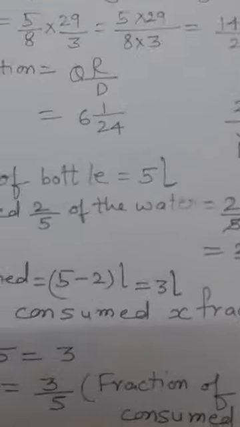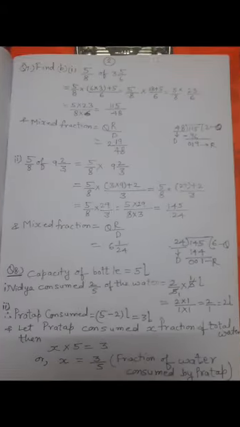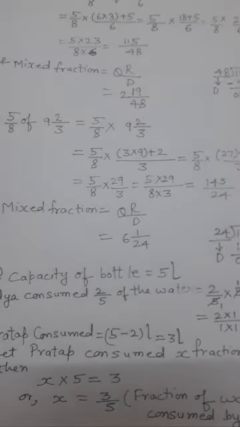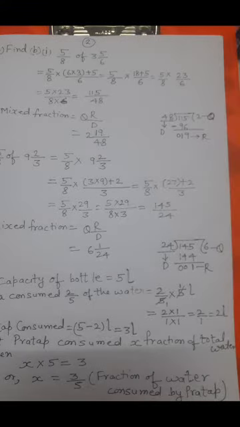So Pratap drinks the remaining water. Pratap drinks the total capacity of water, that is 5 liters, minus what Vidya drank, 2 liters. So 5 minus 2 liters is equal to 3 liters. 3 liters of water Pratap drinks. Now we have to find out this 3 liters is what fraction of 5 liters. Let Pratap consume X fraction of the total water.